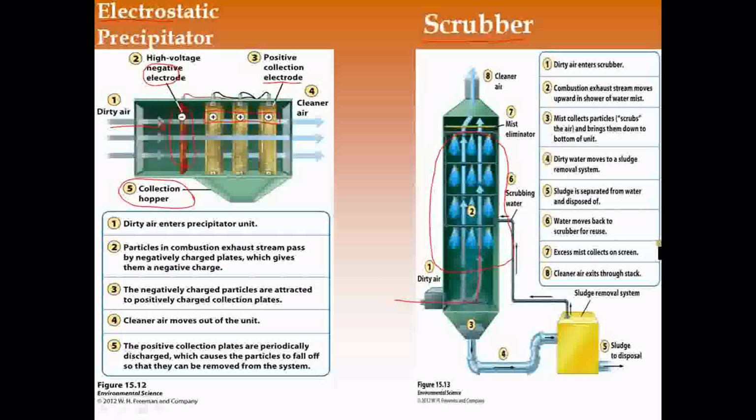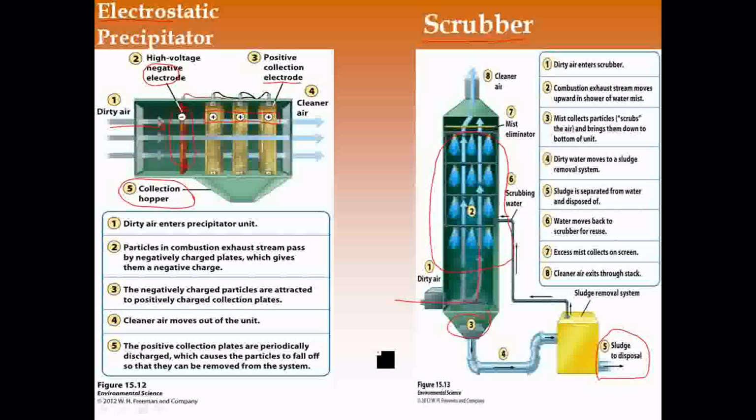During that process, the particles are scrubbed and they drip down where they are collected in the bottom, and then they're turned to sludge and they're taken to the dump. So all three of these are used in air quality in smokestacks.